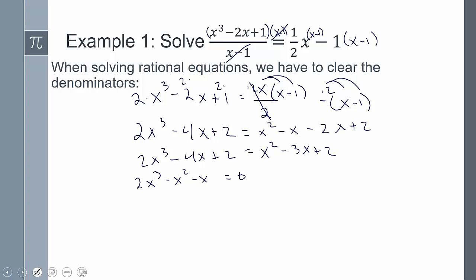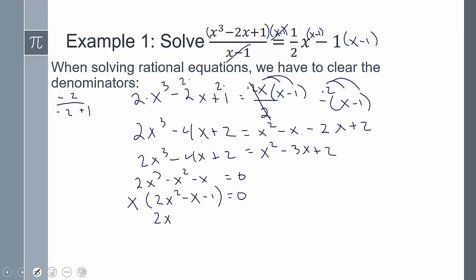Now there's an x in common, so I can factor an x out. And so now we have a times c, we have negative 2, factors of negative 2 that add to negative 1, so that'll be negative 2 and positive 1.